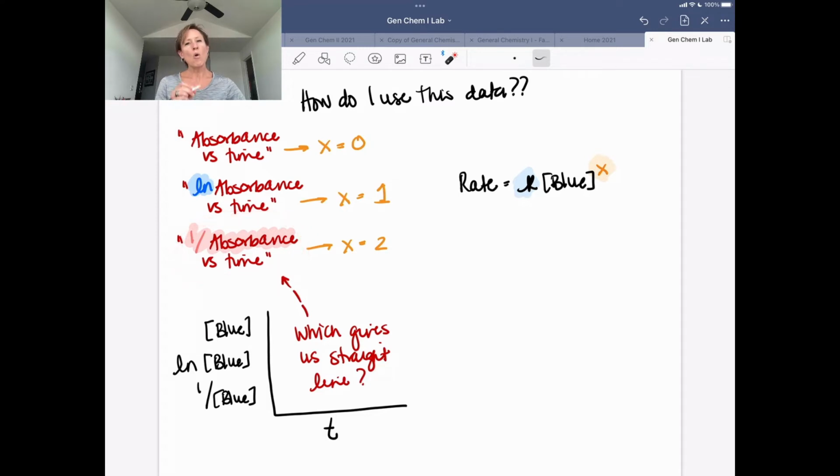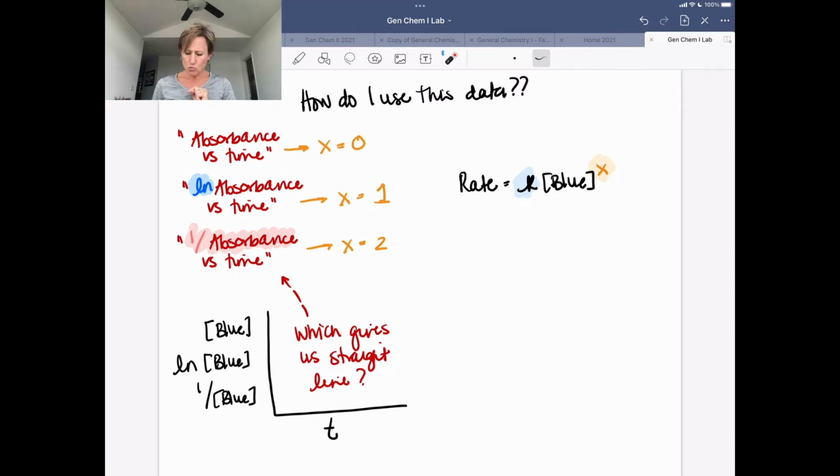If it's 1 over the absorbance, that tells us it's second order, and x is equal to 2. So we look at the shape of those curves, find the one that best fits a line, and that tells us the reaction order with respect to our blue dye. That's our x value. So that's part 1 here.